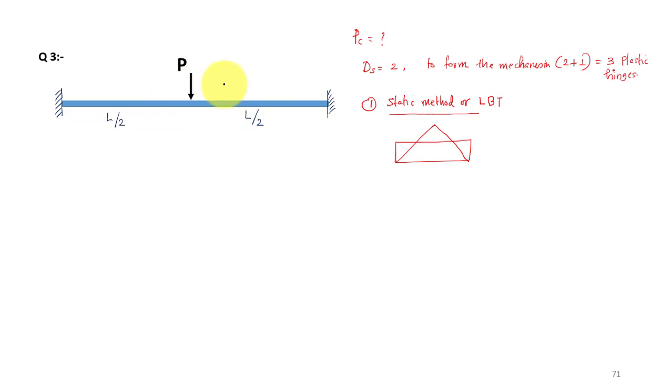We know this moment is PL by 4 and this is PL by 8. The moment at the fixed end is PL by 8, it is also PL by 8, and the total is PL by 4.